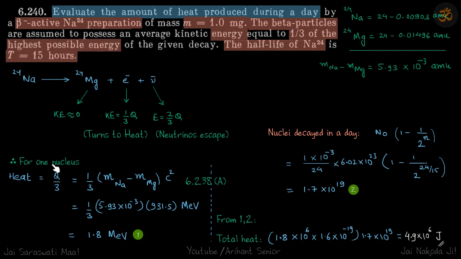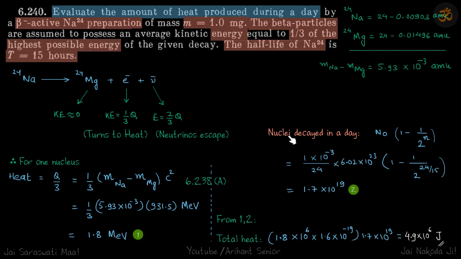So we'll find the Q by 3 for one nucleus and then multiply that by the total number of nuclei that decay in a day. So the heat produced from one nucleus, Q by 3, is equal to 1/3 of (M_Na minus M_Mg) into c square. In the case of beta minus decay, this is our equation. These values will be given in the table, so we'll just put that. And this is the heat produced because of one nucleus.